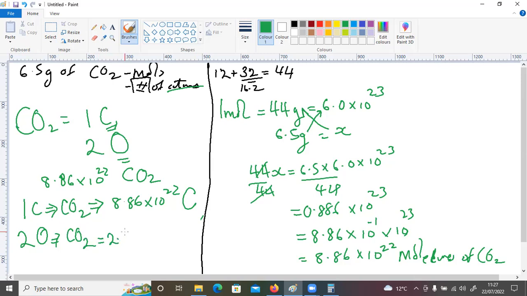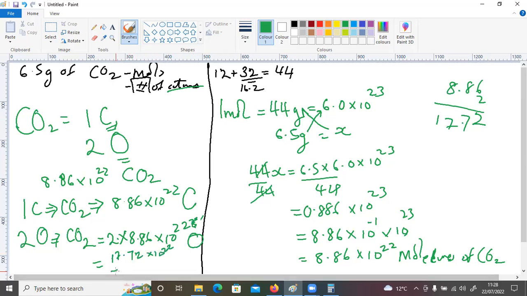So I have 2 multiplied by 8.86 times 10 to the power 22, which will give me something like 8.86 multiplied by 2, which is 17.72. So 17.72 times 10 to the power 22, which will be 1.772 times 10 to the power 23 atoms of O.